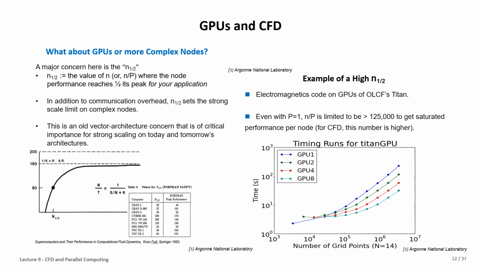However, here you can see the example of n sub half with a Titan GPU, and with this example we see when there are 1 GPU, 2 GPUs, 4 GPUs, and 8 GPUs, how the speedup increases and the computing time reduces.